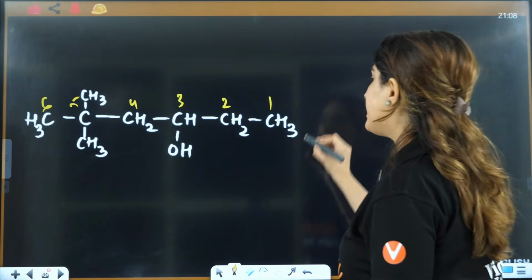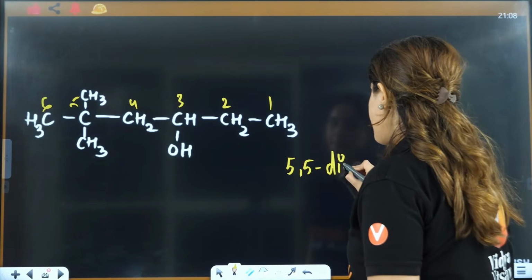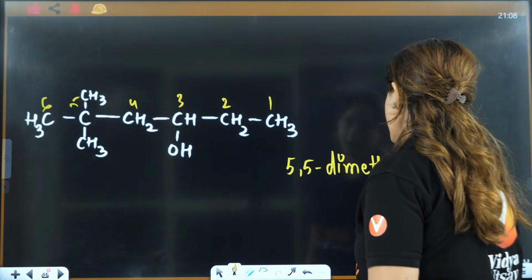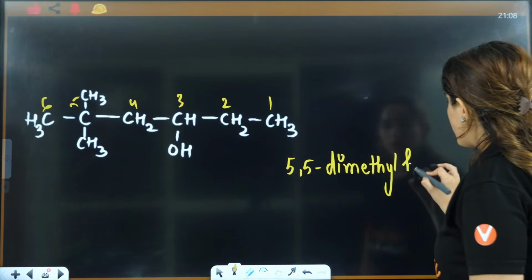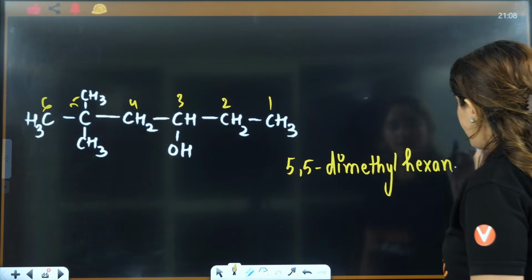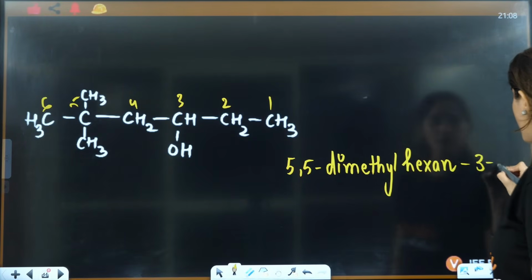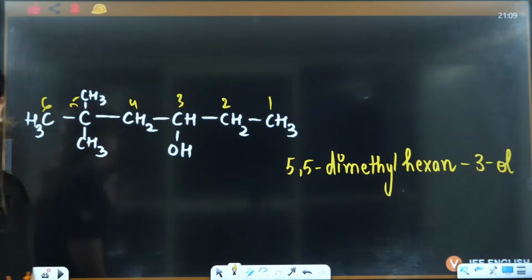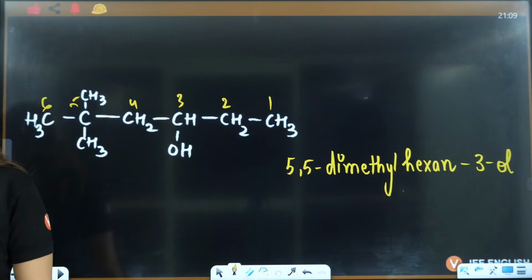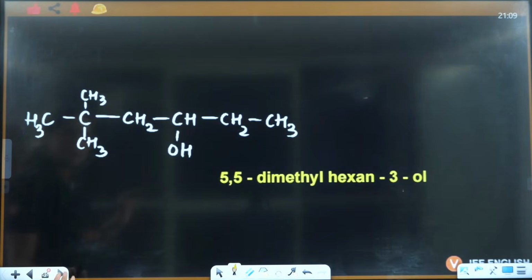So here it will be on the 5th position, 5,5 dimethyl, and this is going to be hexane. Cancel E, on the 3rd position you have ol, right? 5,5 dimethyl hexanol, right everybody? Okay, yes, 3 ol is preferred here, right?